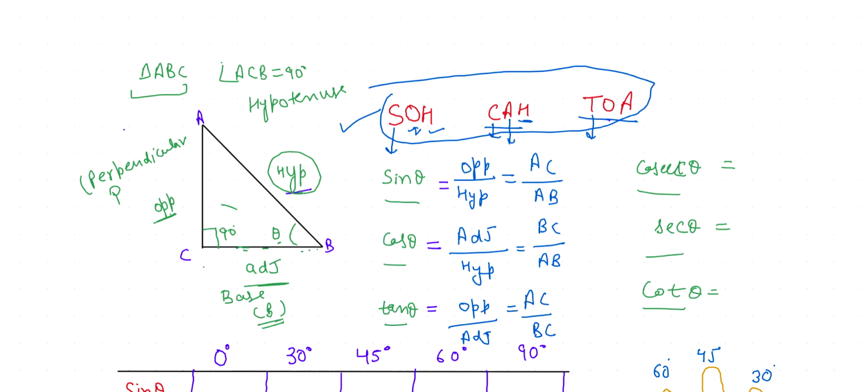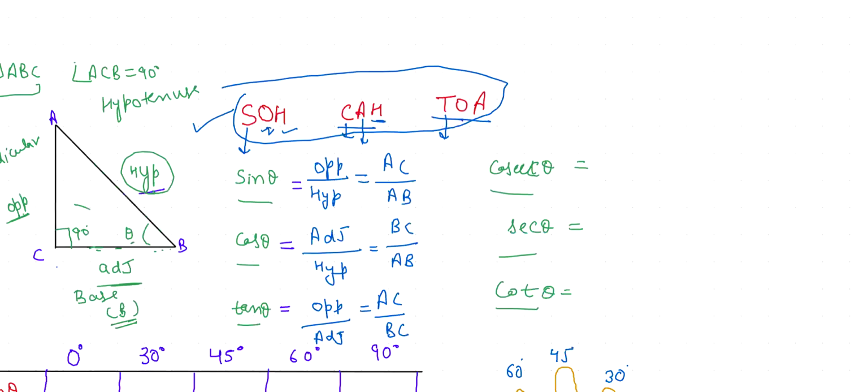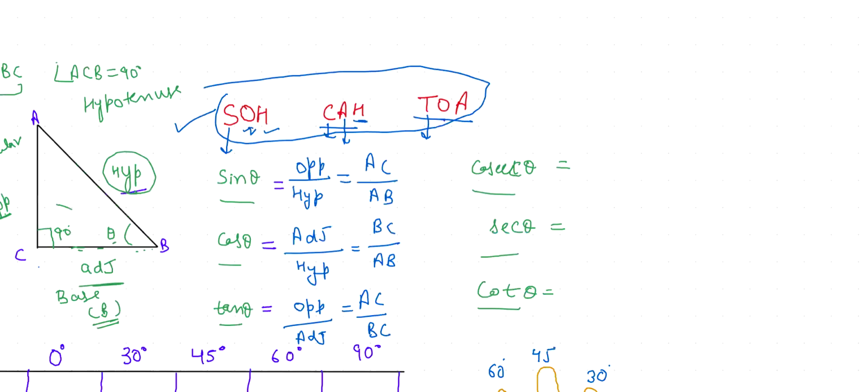Moreover, there is a correlation between sine theta, cos theta, and tan theta. Tan theta is equal to sine theta upon cos theta. So from this expression, you can also get the value of tan theta, where you put the value of sine theta, which is opposite side upon hypotenuse, then put the value of cos theta, that is adjacent side upon hypotenuse.